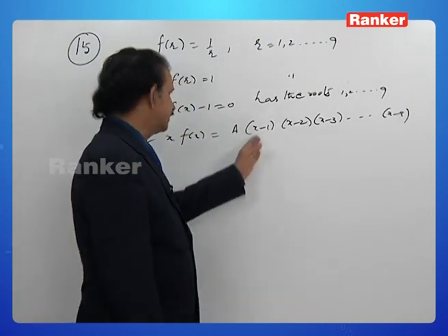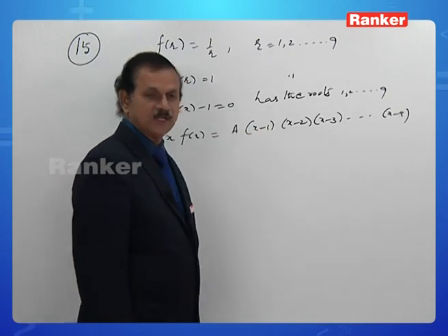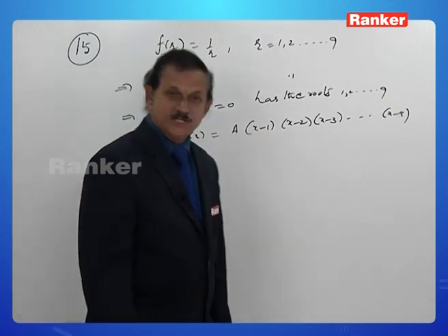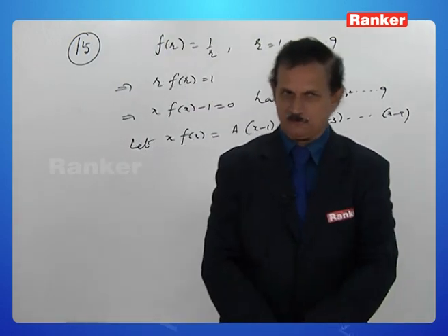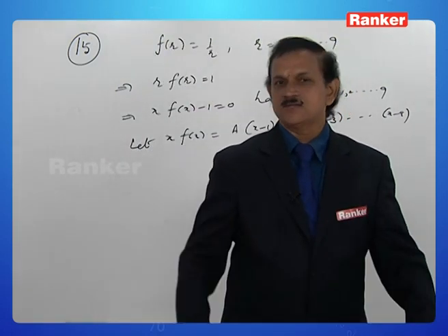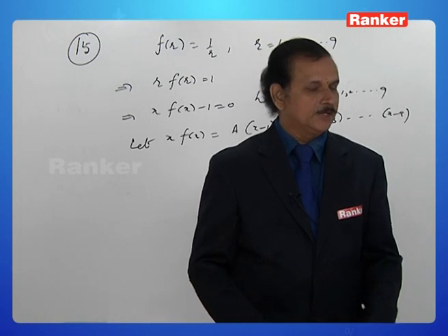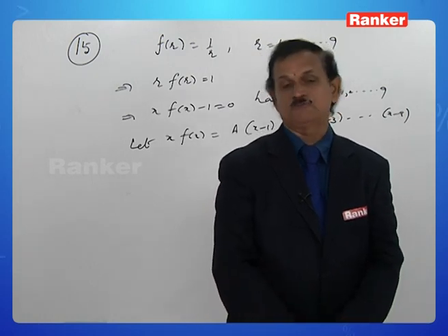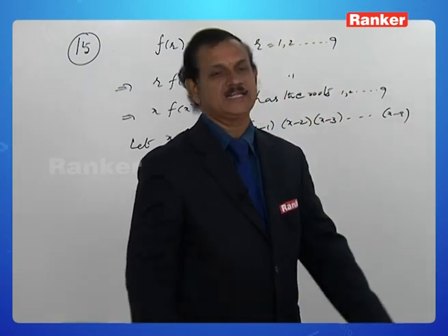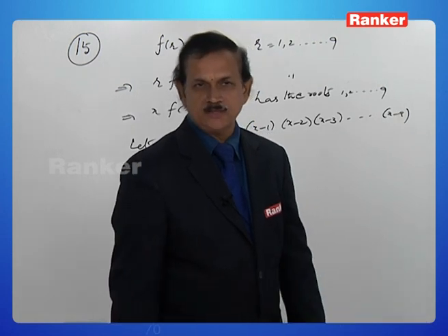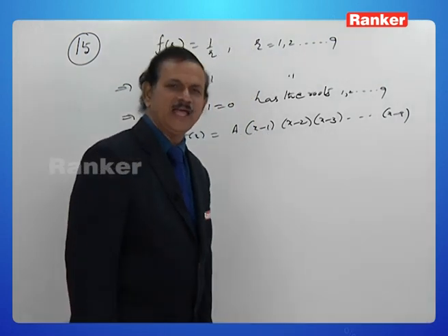Therefore, we assume x into f of x like this. Here, we need to find capital A first of all. Why? Because unless you know f of x very clearly, you cannot get f of 10. Therefore, to have f of x perfectly, we must know what capital A is.